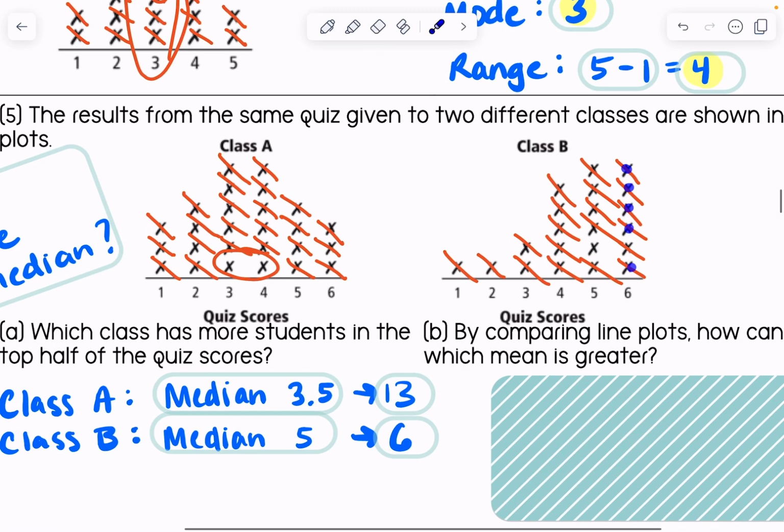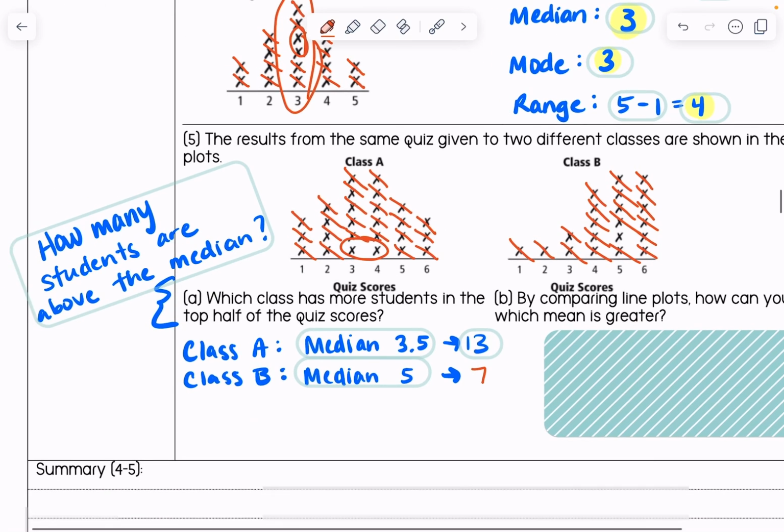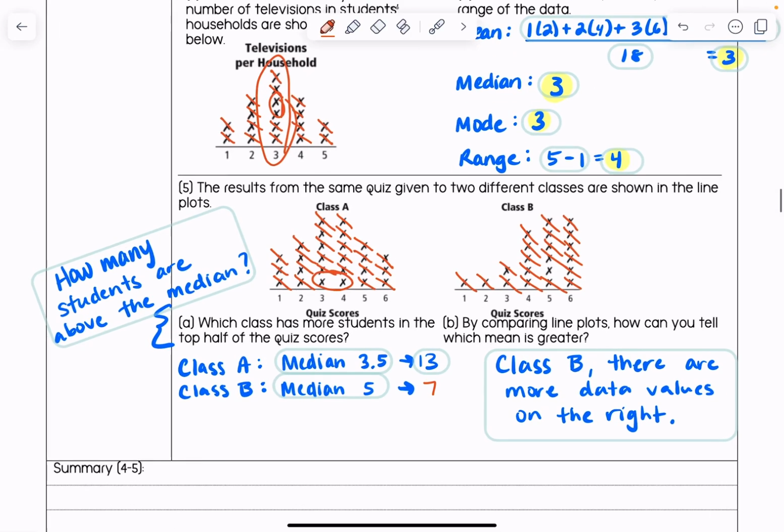I think it's 7 actually, not 6. Okay, so we have more people. Sorry, what does it say? Which class has more students in the top half of the quiz scores? And that would be not that one. This right here, class A, is our answer.